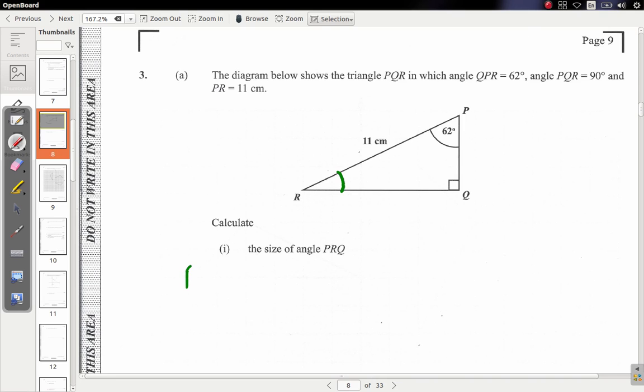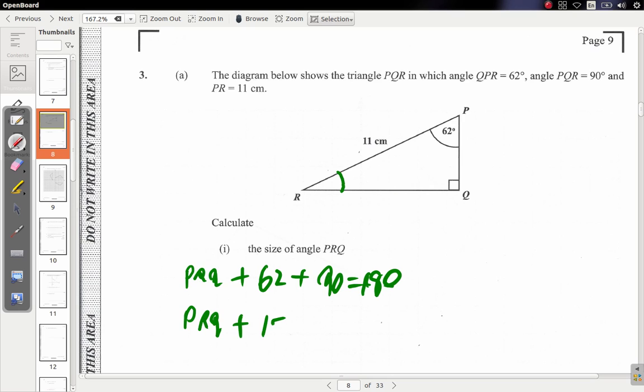So the angle PRQ plus the angle PQR, that is 62 degrees, plus the 90 degrees equals 180, right? So you can say angle PRQ plus, so 62 and 90 would have been 152. 152 equals 180. So you can say PRQ, you subtract 152 from both sides.